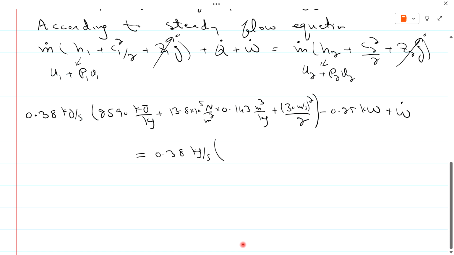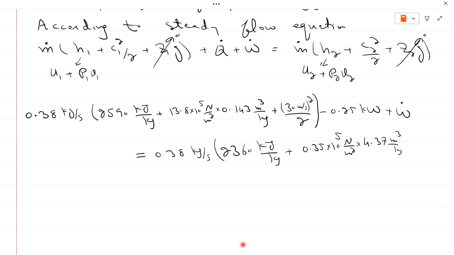U2 is equal to 2360 kilojoule per kg plus P2, which is 0.35 bar, and 1 bar is equal to 10 power 5 Newton per square meter, multiplied by V2, which is 4.37 meter cube per kg, plus C2 square by 2.